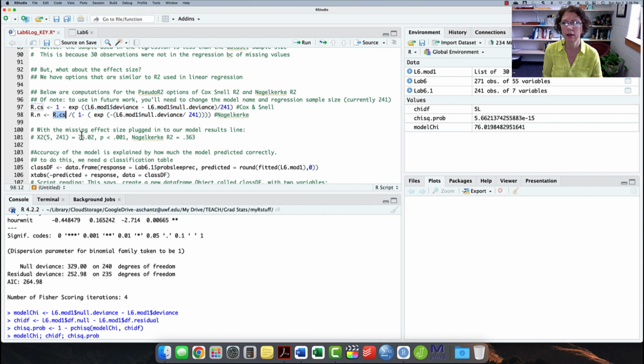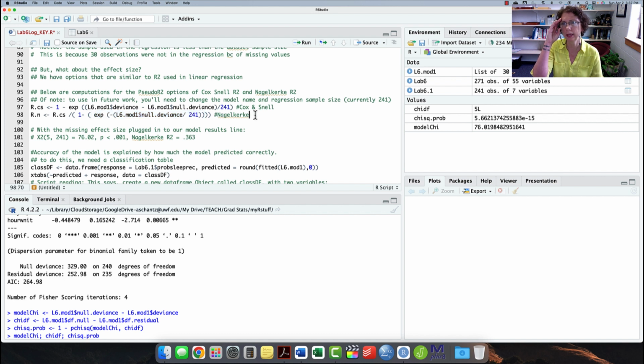Similarly, we need Cox-Snell to be able to get the Nagelkerke. So this would be a new thing in the environment called R.n, taking what we already just computed and then taking 1 minus the value within the parentheses there.